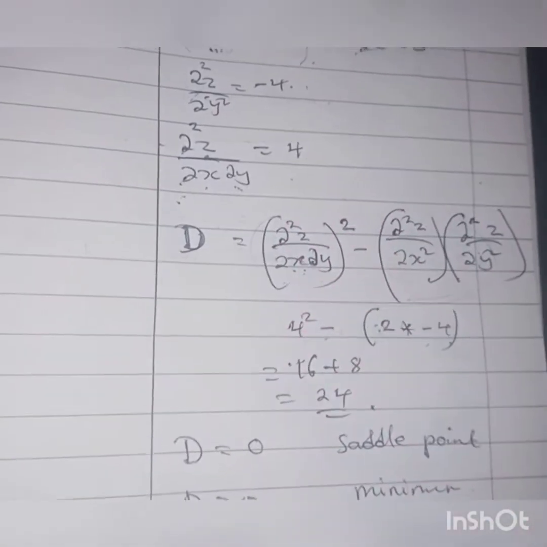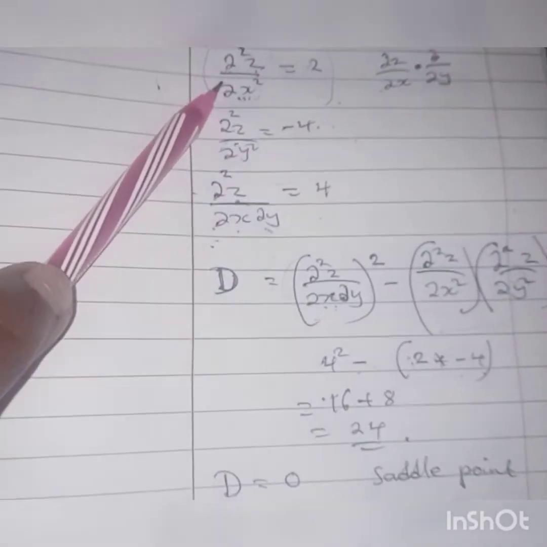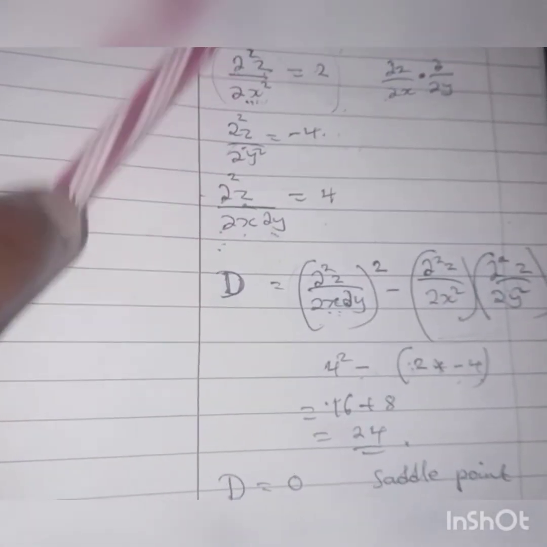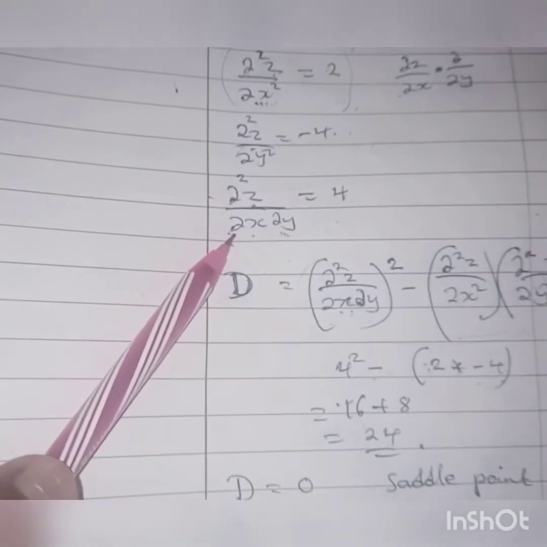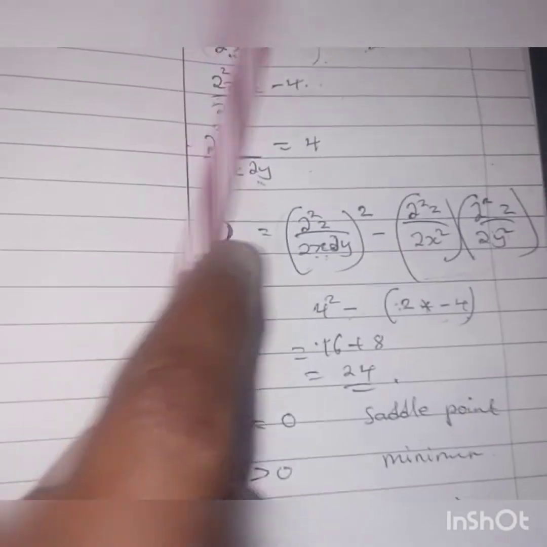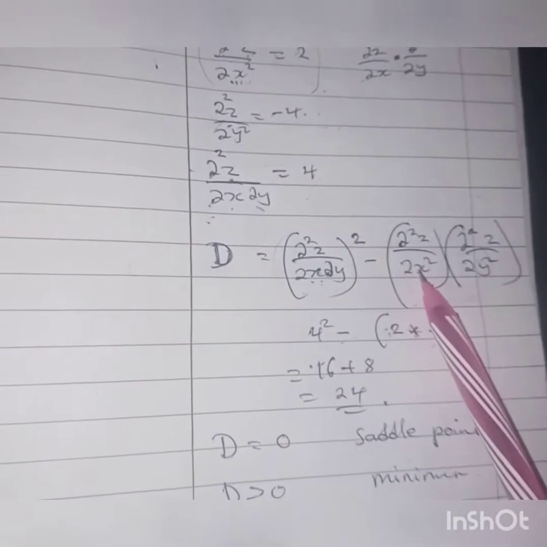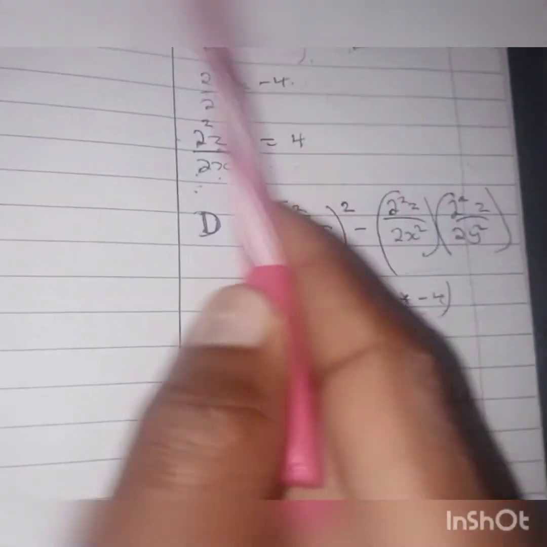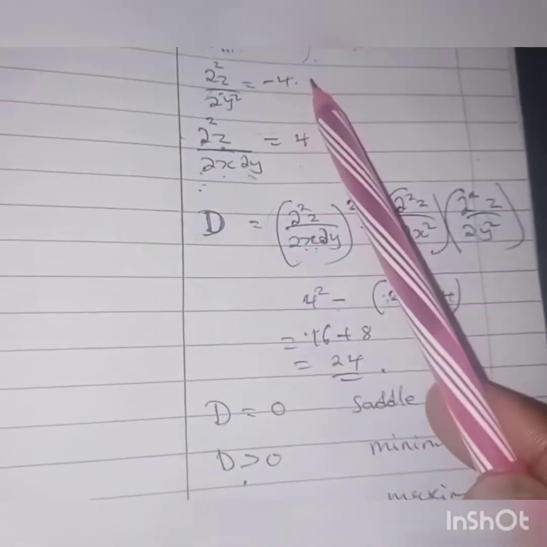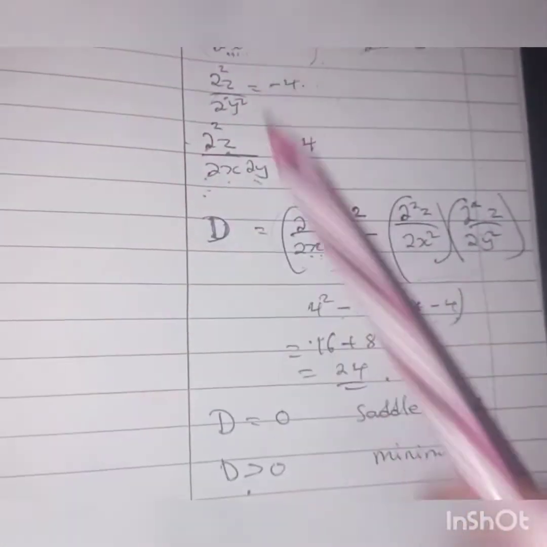Let's come back here. Do we now know the need for us to differentiate the two equations in this form? Because we need the difference between del squared z del x del y, minus the second derivative of this one multiplied by the second derivative of this one. The first derivative of this one we have here, and the second derivative of this one also we have here. But we also need to differentiate this function with respect to y.